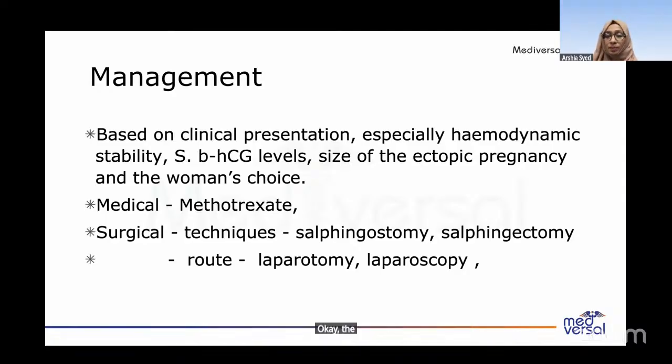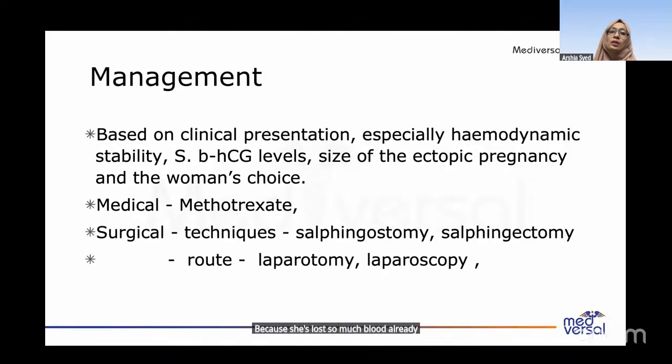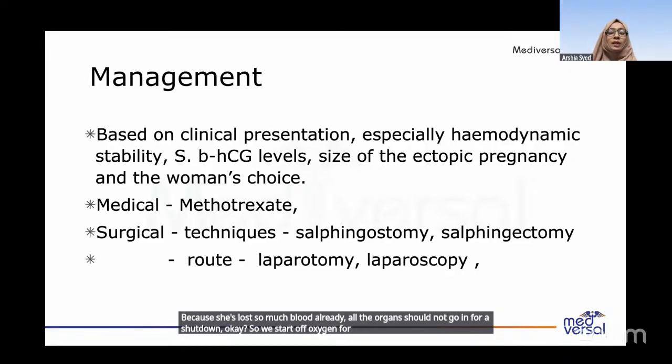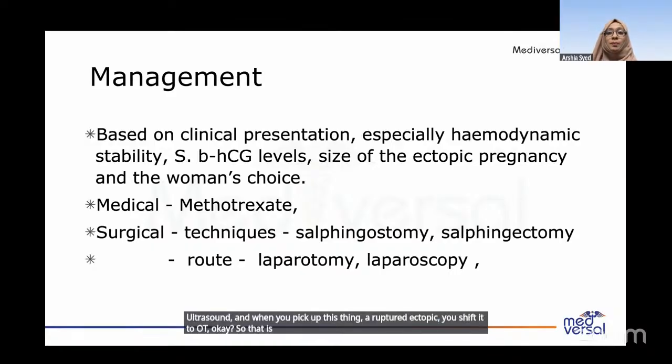The fluid resuscitation part you take care of. Then you stabilize her and give her oxygen, because she's lost so much blood already, and all the organs should not go into a shutdown. Then immediately you do an ultrasound, and when you pick up a ruptured ectopic, you shift her to OT.